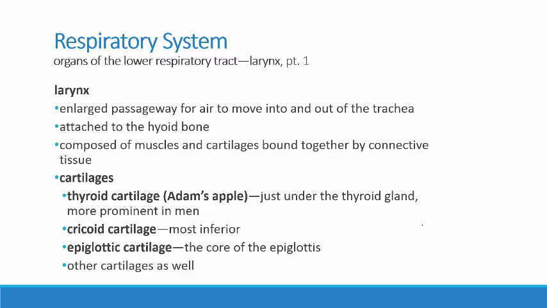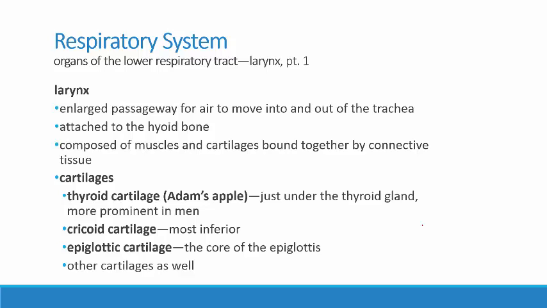So we have cartilages. There's the thyroid cartilage. It's the largest. It's found just under the thyroid gland, and this is the one that we describe as the Adam's apple. There's also the cricoid cartilage. These are the cartilages of the larynx that are most inferior.